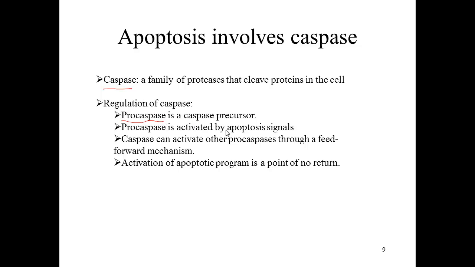Once there is an activation by an apoptotic signal, this pro-caspase will cleave into the active form, and then as a protease, it will activate other pro-caspases in a sequential feed-forward mechanism, eventually activating proteases that will chew just about every protein part of the cell. The point of no return is at the initial signaling when the apoptotic mechanism is initiated. There are two particular types of that initiation, which we'll see in future slides.